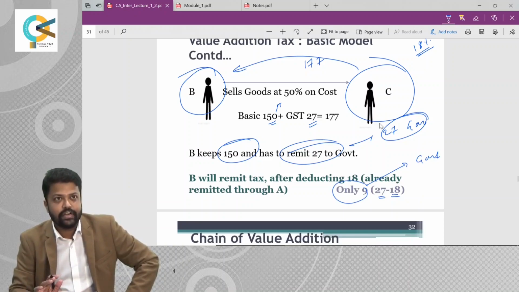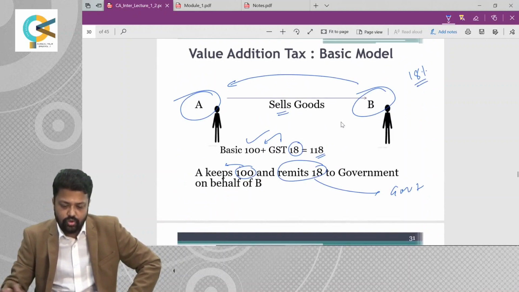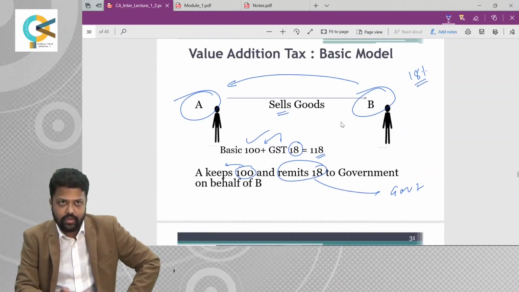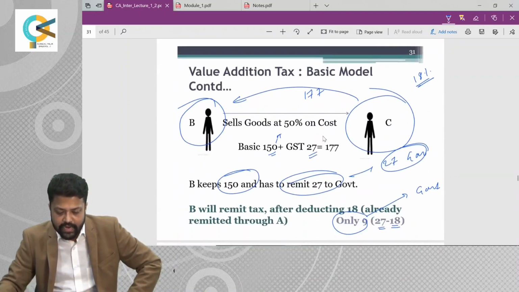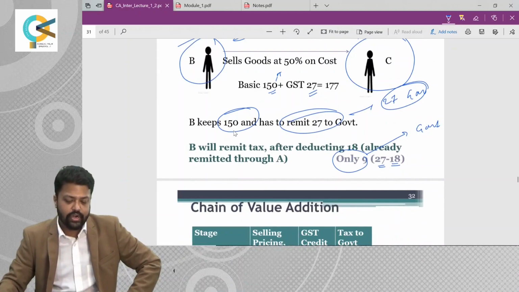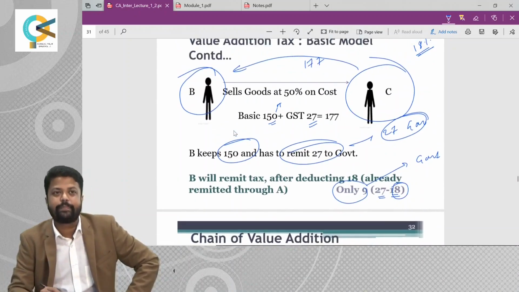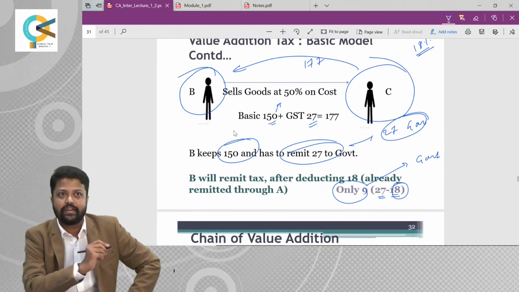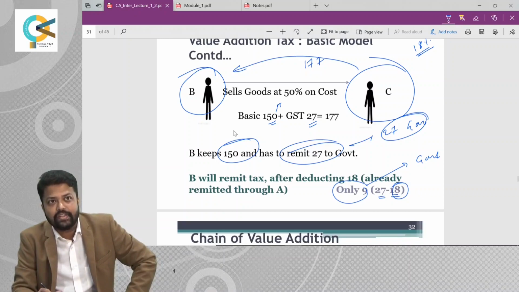This is a very, very important point. Have you understood? So here again I am just repeating to have a link to the next example. 18 rupees B has already given to A and A has given it to the government. So B will say that whatever I have recovered from C, that is 27, I will not give it directly to the government. I will deduct the 18 rupees which were paid by me earlier to Mr. A, and through A to the government, from that 27, and only pay the balance rupees 9.